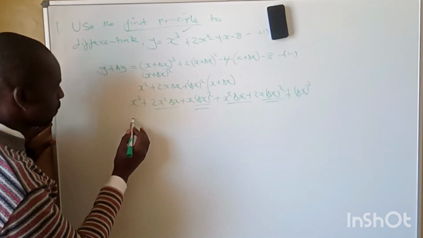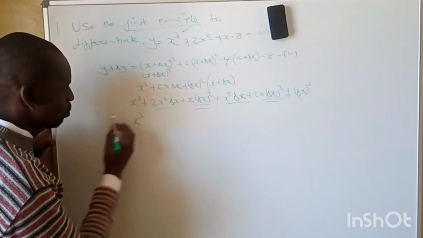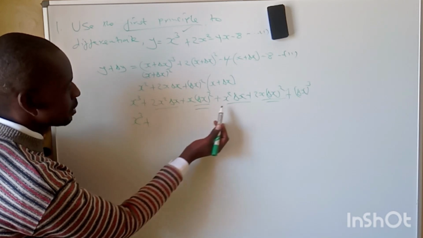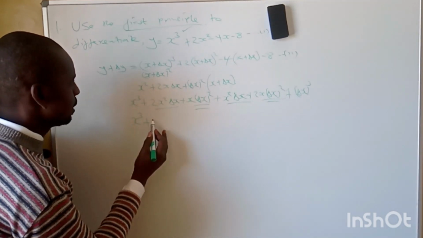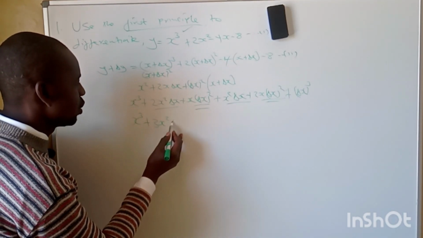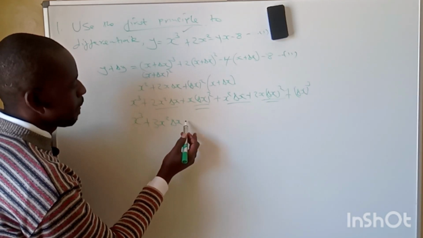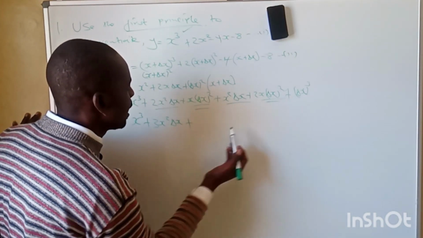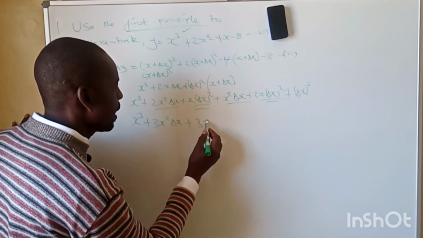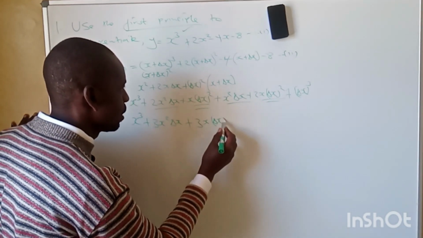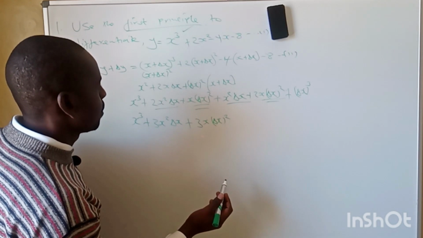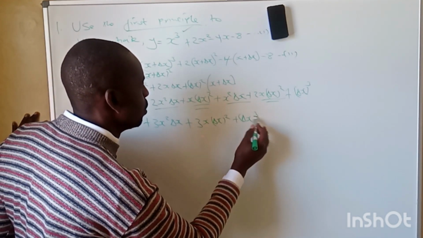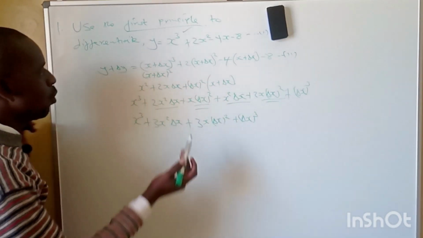We are going to have x cubed plus 2x squared change in x plus x squared change in x, we get 3x squared change in x, plus x change in x squared plus 2x change in x squared, we get 3x change in x squared, then plus change in x cubed.